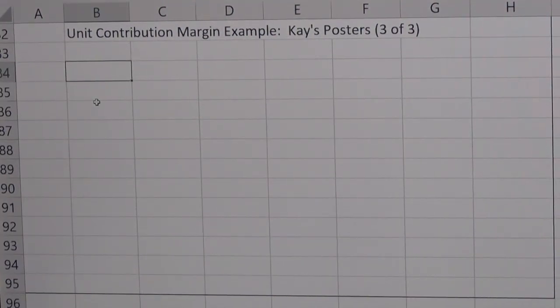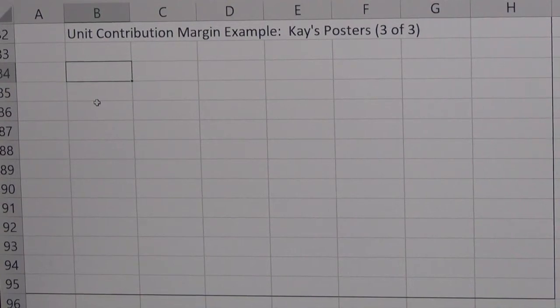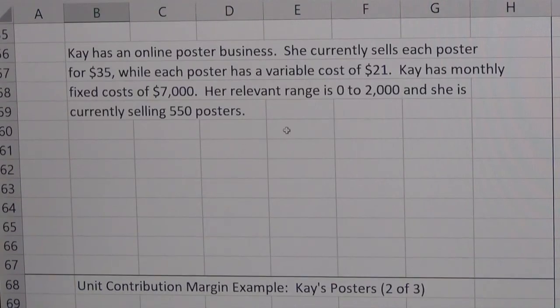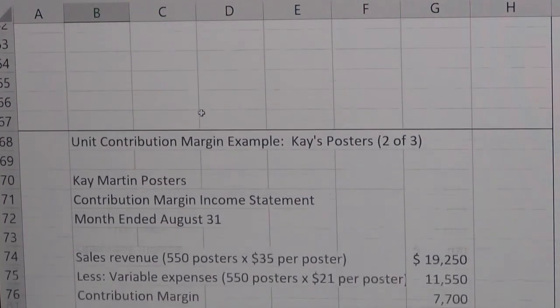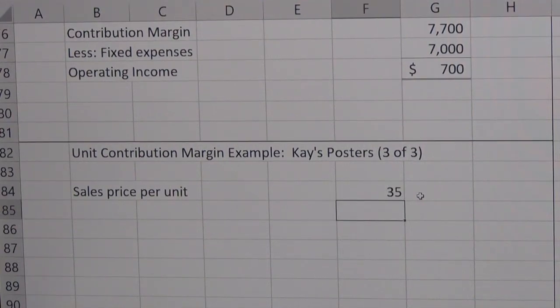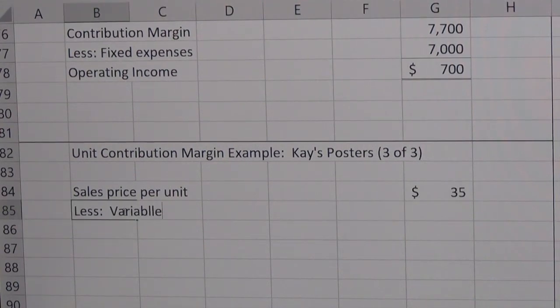Okay, so the third part, we can then take it one step further and compute what the contribution margin per unit is. Well, we know the sales price per unit. It's $35 per unit, exactly what they said up here. So the $35 will go here, less variable cost per unit.